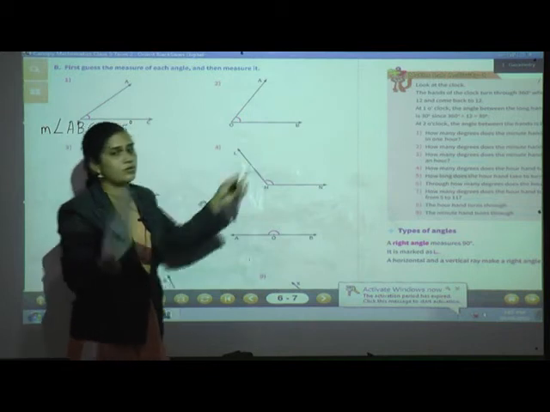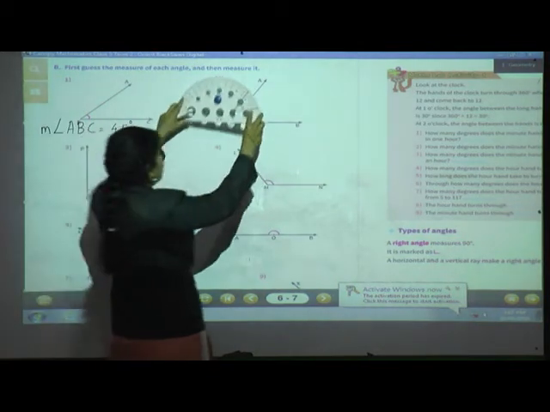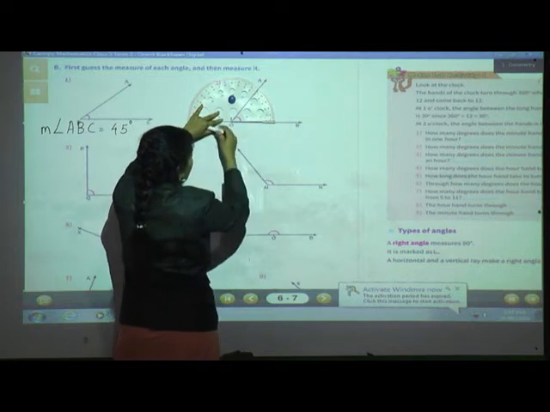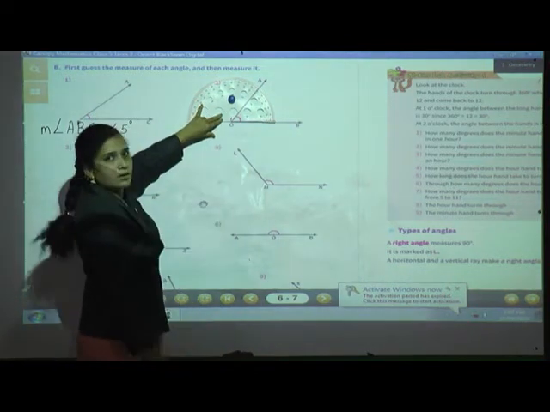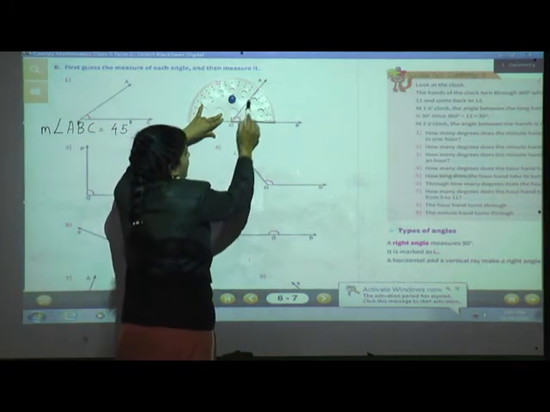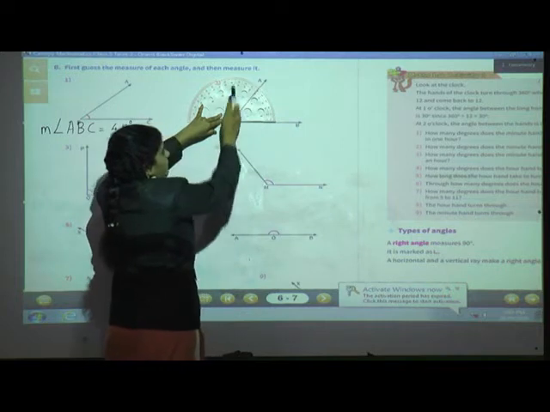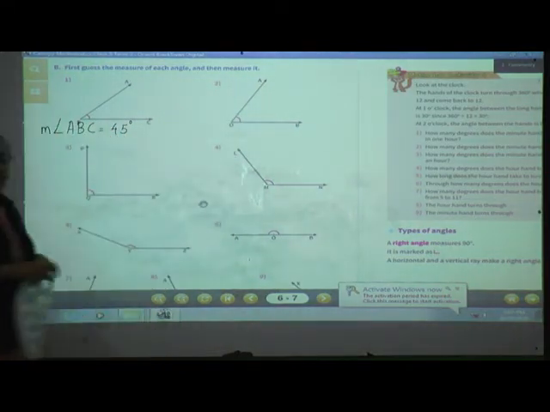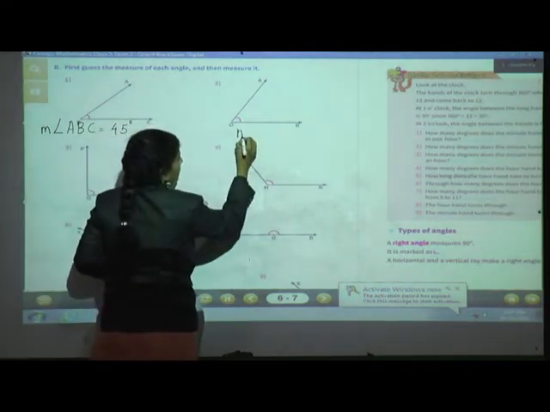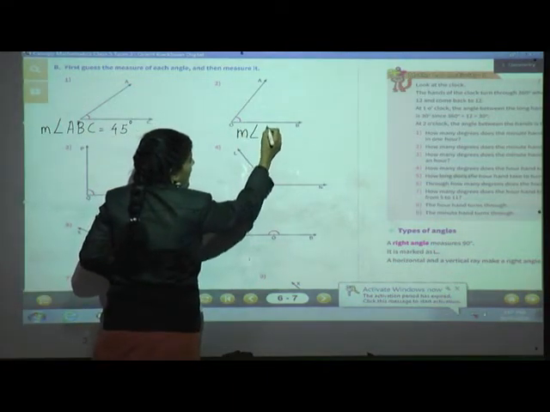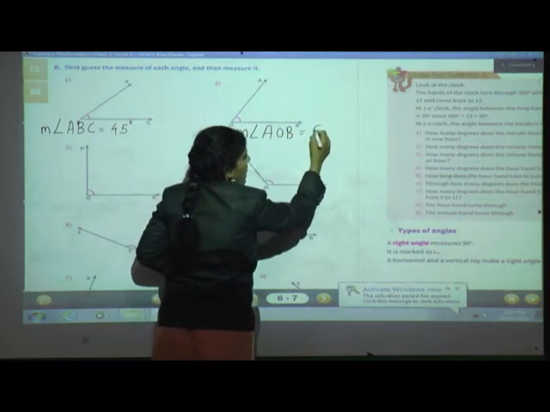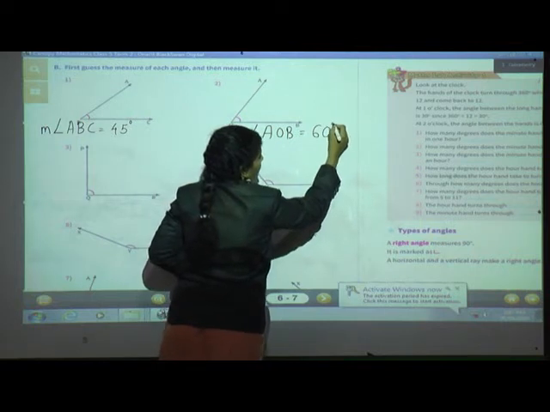Now second one, see here is the angle AOB. Use your protractor, place it on ray OB and the center is on vertex O. You have to measure it by this ray. So the answer is 60 degree. How to write it? Measure angle AOB is equal to 60 degree.